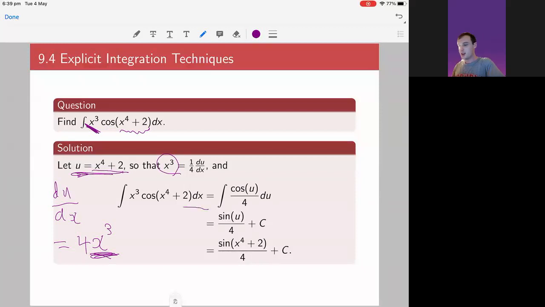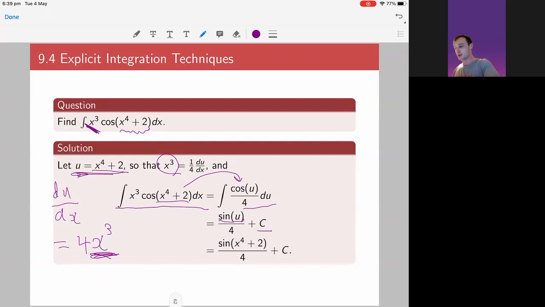So that means that this integral here is exactly equal to cosine of u times x cubed dx, but x cubed dx is exactly du on 4. So now I'm just trying to find the integral of cosine of u on 4. That is a much, much more manageable task because I know an antiderivative of cosine of u, it's going to be sine of u. So the integral of cosine of u on 4 is sine of u on 4.